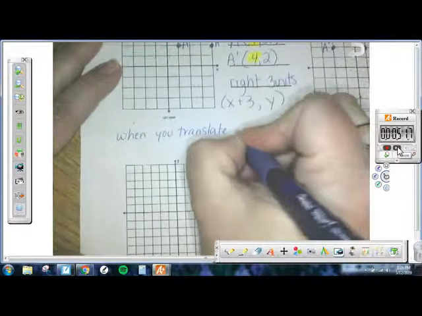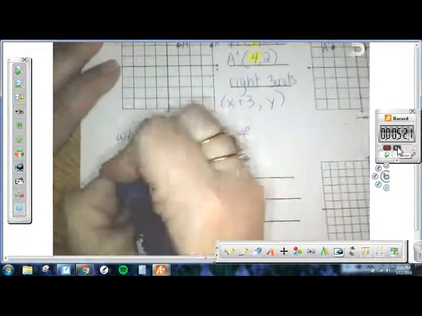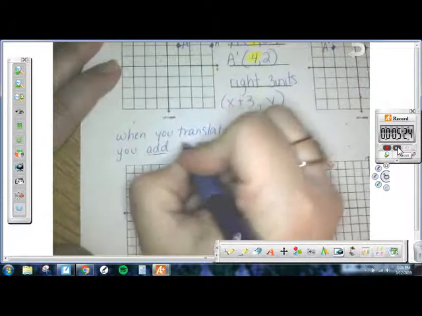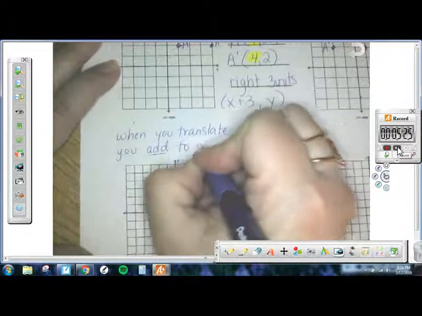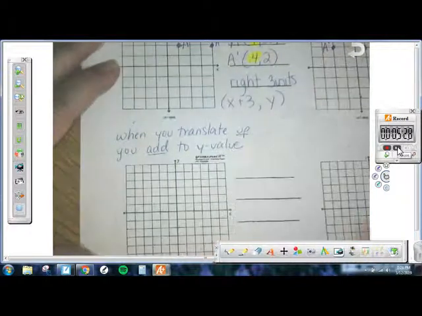The first way, start at your first point, A, and move 5. 1, 2, 3, 4, 5. That is now A prime. I look down here, I start at 0, 0. 1, 2, 3, 1, 2, 3, 4. So I found out that it was 3, 4 is the ordered pair.